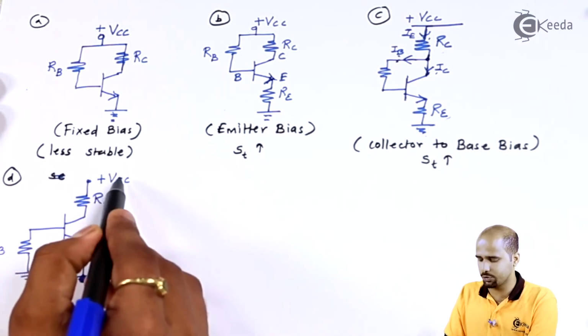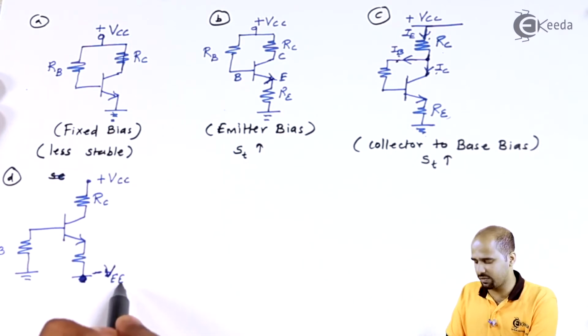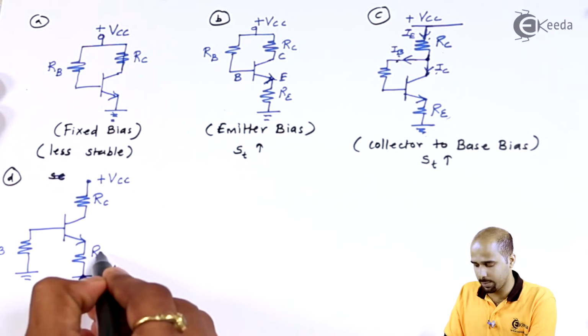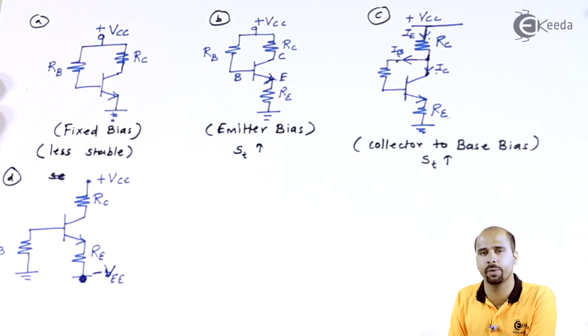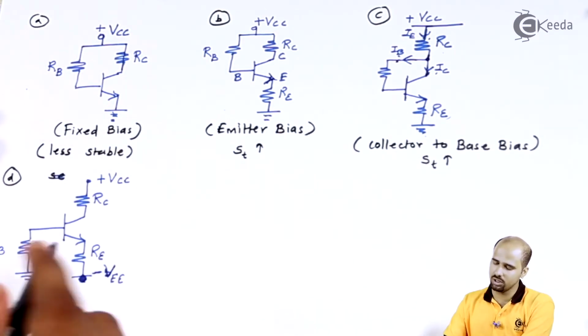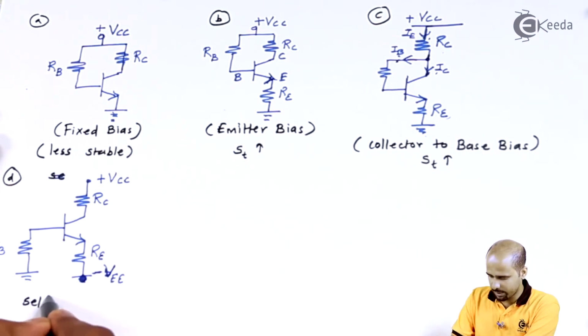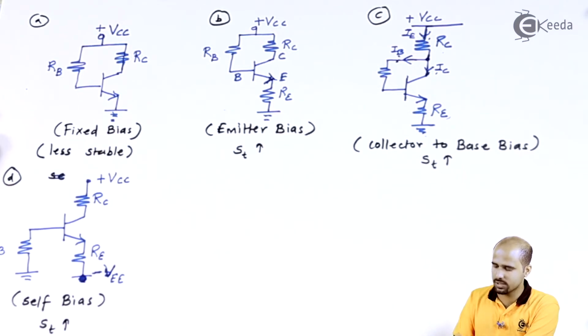RC is connected from VCC to the collector, and the emitter and minus VEE are joined by the resistance RE. So this is how we will get a more stable circuit if I change the biasing circuit to self bias. Again I will get a more stable circuit.